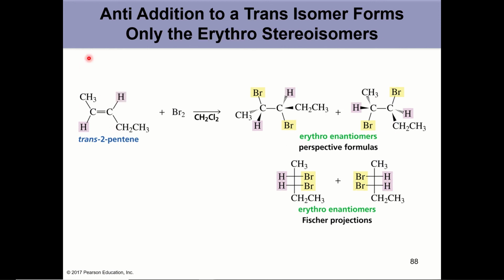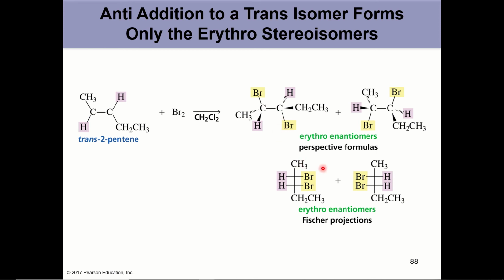If you start with a trans alkene, we are still drawing the bromines on the opposite sides, but you have to maintain the original trans configuration of the group. So notice the hydrogens are on different group types, they're trans. The methyl and the ethyl on different group types, they're still trans to each other.